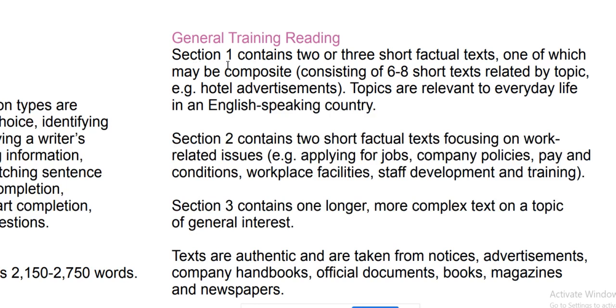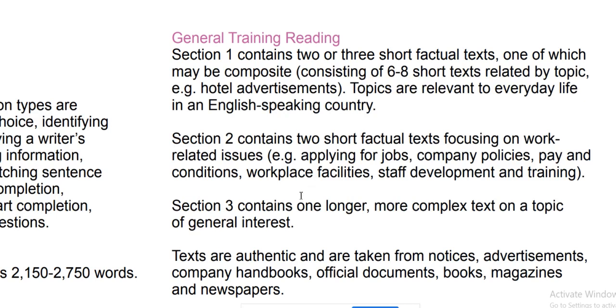So section 1 contains 2 or 3 short factual texts. That means short information texts, one of which may be composite, consisting of 6 to 8 short texts related by a topic. Hotel advertisement, or some kind of notice, some kind of information text like that.